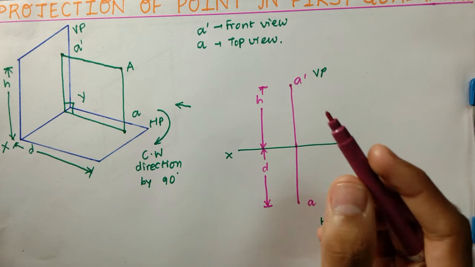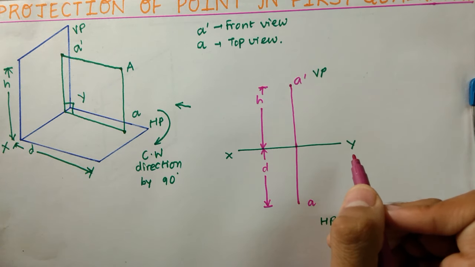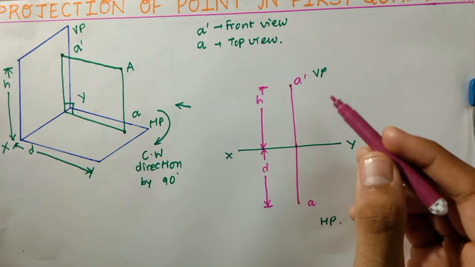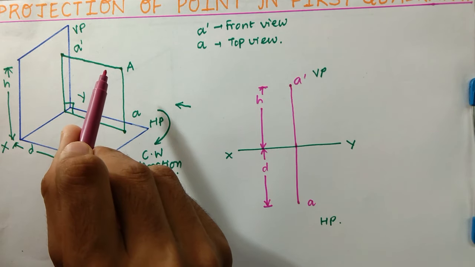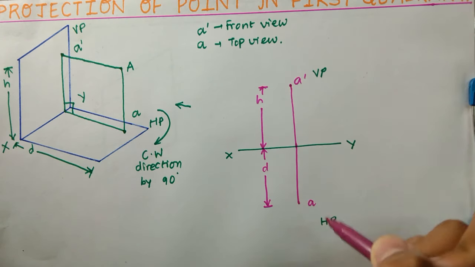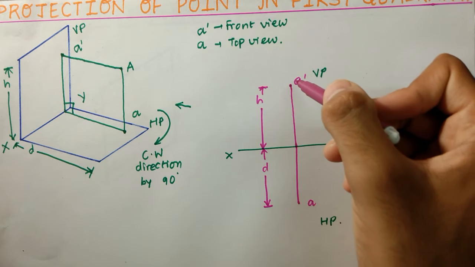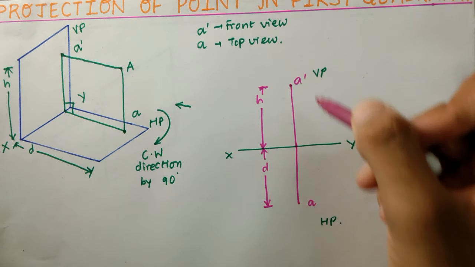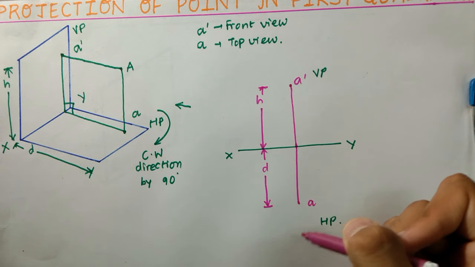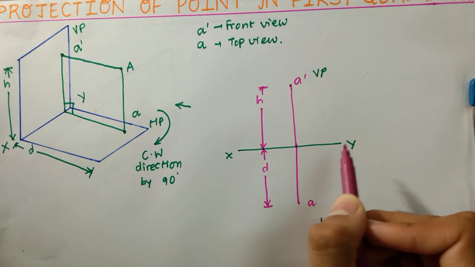Now, an important point to be noted is that whenever a point is lying in the first quadrant, the front view always lies above the top view. Moreover, the projector joining the front view and the top view must lie in the same line. It should not lie at a certain distance.